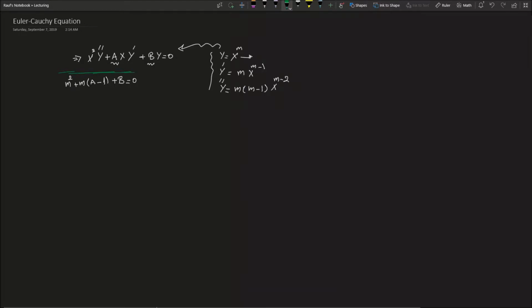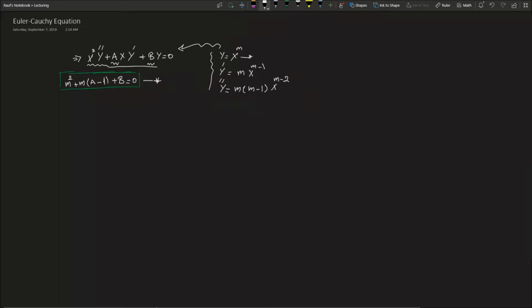So when we have an equation or a problem that is identified as an Euler Cauchy equation, which looks like this, then we move it to the next form right here. Now what we're going to do is solve this quadratic equation.